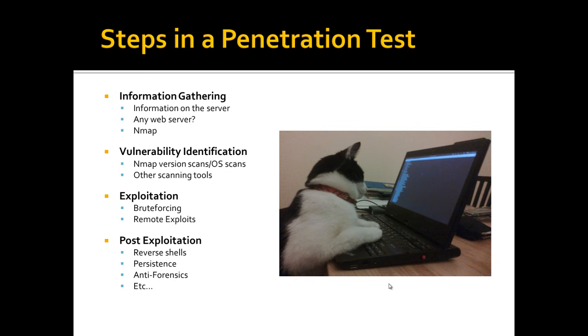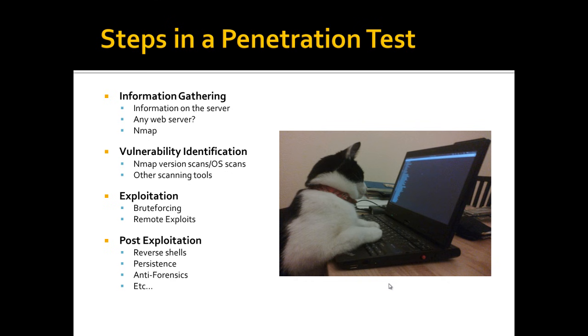So vulnerability identification is using Nmap or other scanning tools to identify what exactly is running behind those ports, try to guess the best version of the services running behind those ports, and hopefully also identify the operating system.